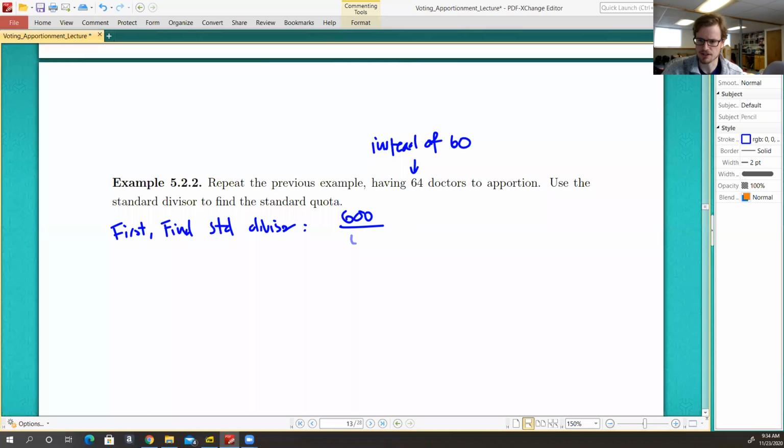So in this case, 64 doctors. If we evaluated that using a calculator, we would find that it is 9.375. Then we can find the standard quotas.